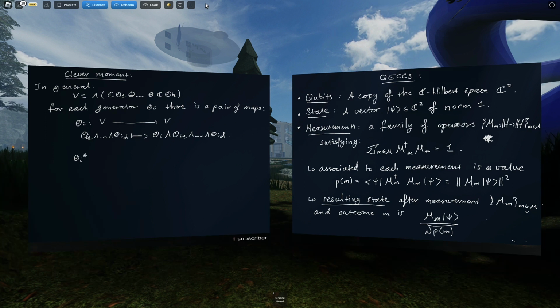So theta i star is the element of V dual corresponding to theta i, but this still maps from V to V. And it takes theta i1 wedge dot dot dot wedge theta id to this sum. So it's the sum from all j equals 1 up to d of -1 to the power of j minus 1, and then theta i star of theta ij multiplied by theta i1 wedge dot dot dot, and then you take out theta ij.